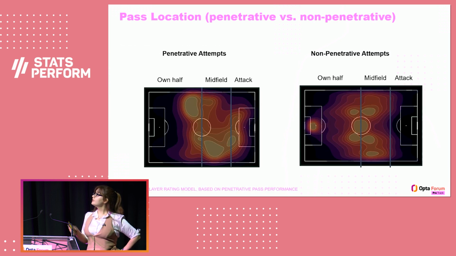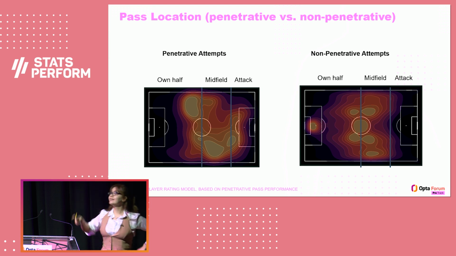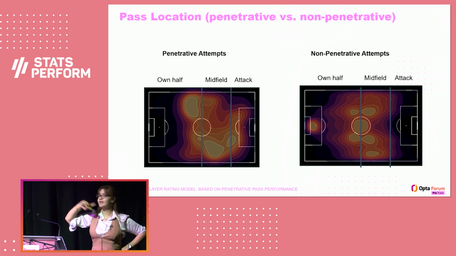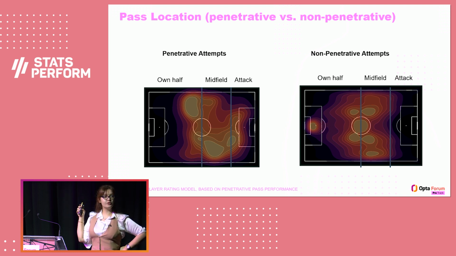If we just show the passing location in the data set that we had, it was quite surprising for the penetrative attempts. If you can see the figure on the left side, this is a density function, a kernel density estimation. You can see the penetrative attempts are mostly performed in the own half and also in the midfield.